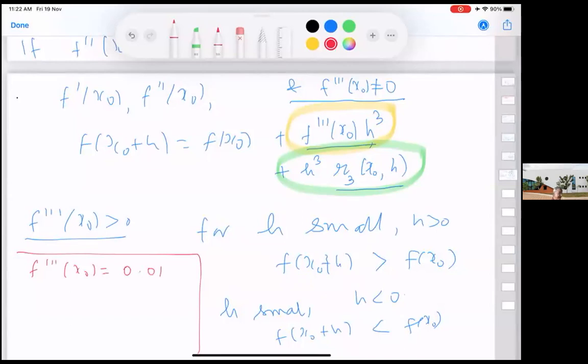Suppose f triple dash at x0 is 0.01. I want to argue that for h small, f x0 plus h is bigger than f x0.